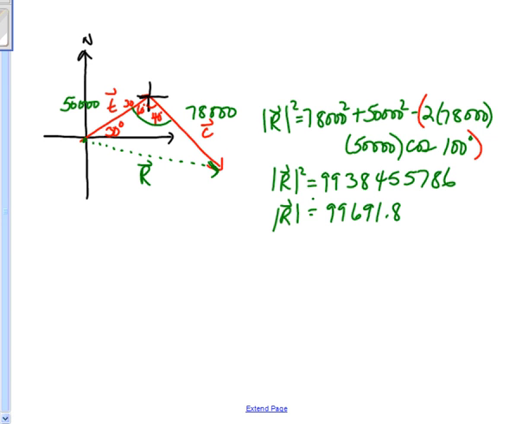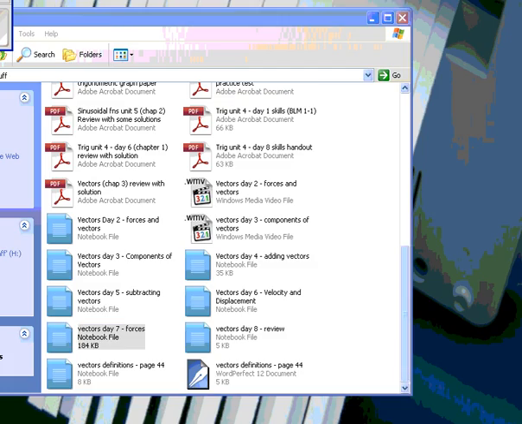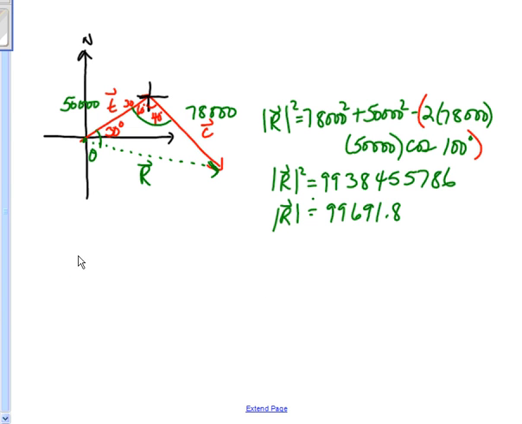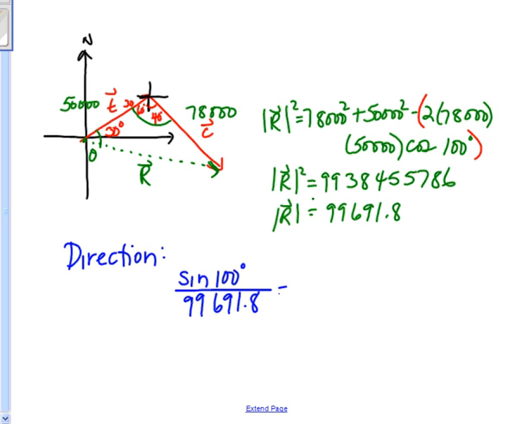We would like to be able to tell the collision direction. I would like that angle right there. Let's call it theta. I can't use right angle trig, but I can use the sine law. Okay, for direction. Sine of 100 degrees over the resultant is sine of theta over 78,000.